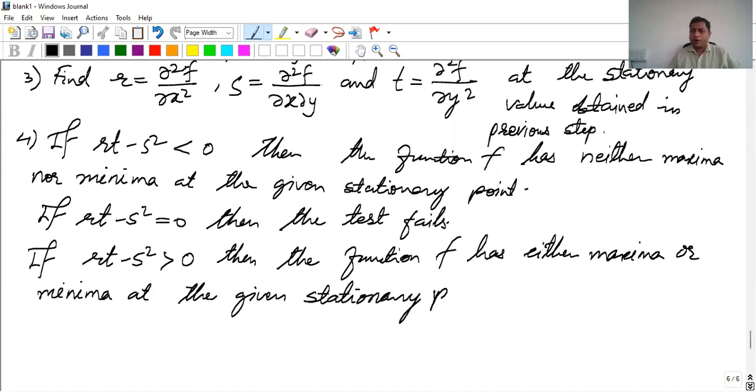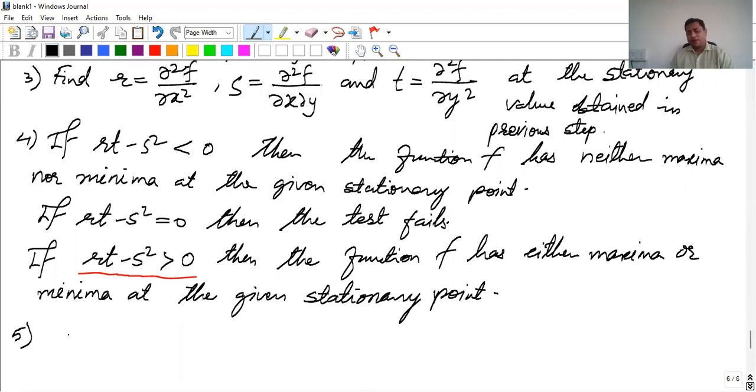Once you are sure that a maxima or minima exists, we need to understand whether it is maxima or minima. If it doesn't exist, then we cannot calculate; if it exists, then only we are able to calculate. So if RT minus S square is greater than 0, then only we can have maxima or minima.